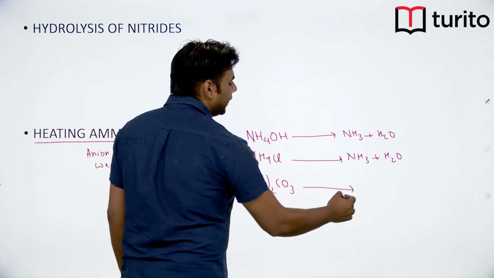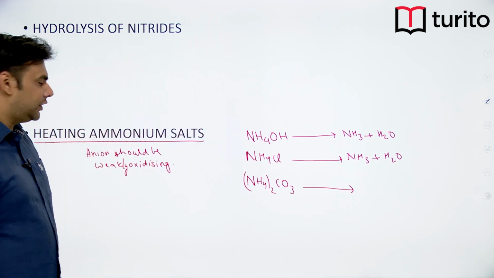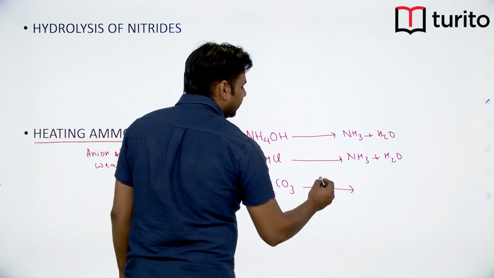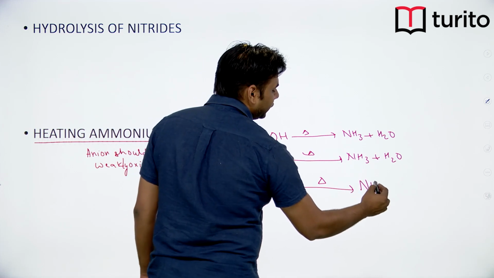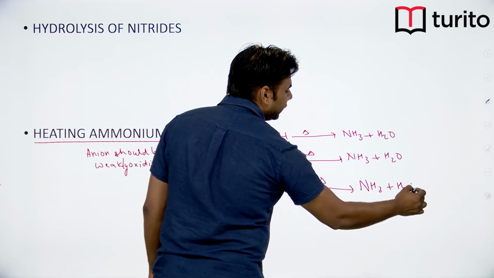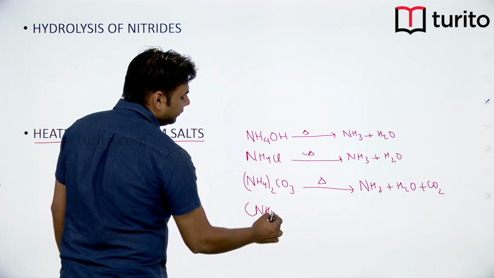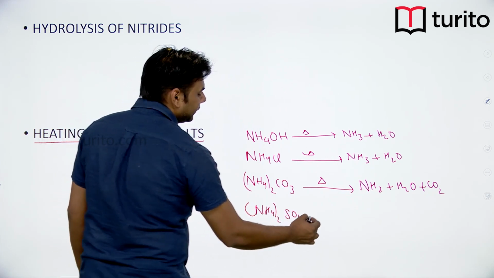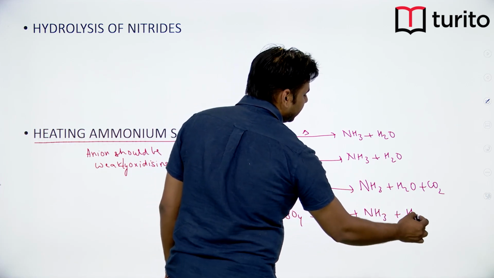Again you can see that in carbonate, carbon is in +4 state and carbonate is not a strong oxidizing agent. So on heating we will get ammonia plus H2CO3. Now H2CO3 gets converted into H2O plus CO2. Similarly, if you heat ammonium sulfate, we will get ammonia plus H2SO4.